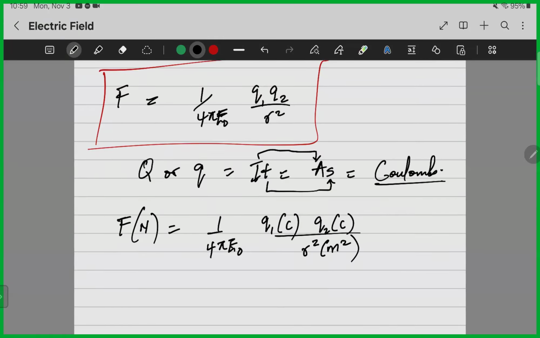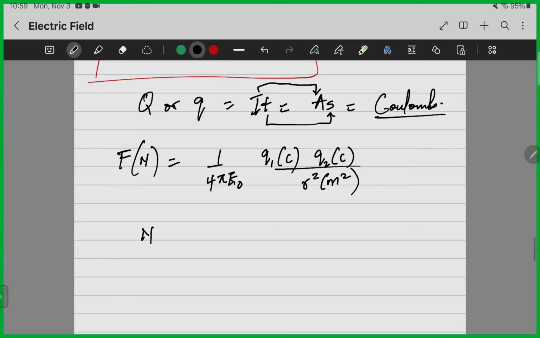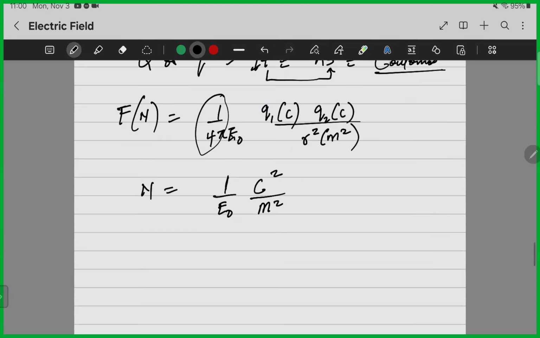By the time we focus on unit alone, we can remove the constant 1 over 4 pi E naught, and have 1 over E naught. Coulomb times coulomb gives coulomb square over meter square. Now, I want to show you another unit for E naught.